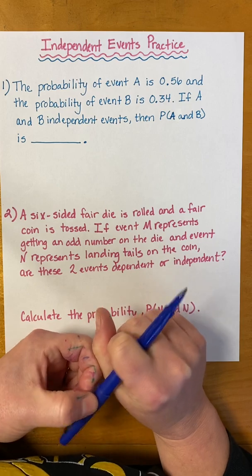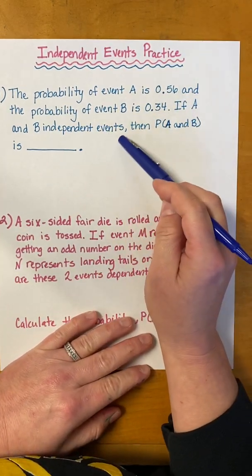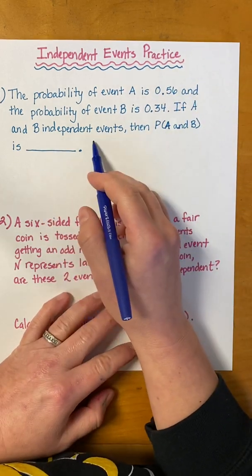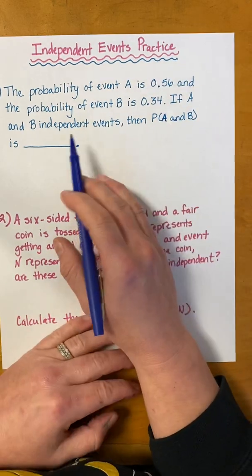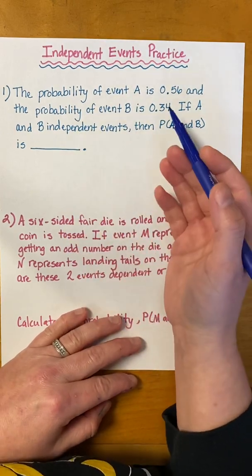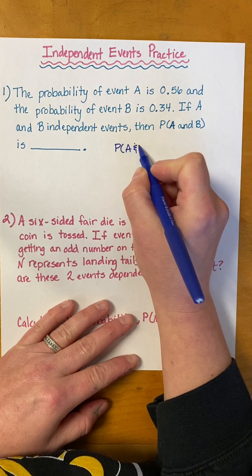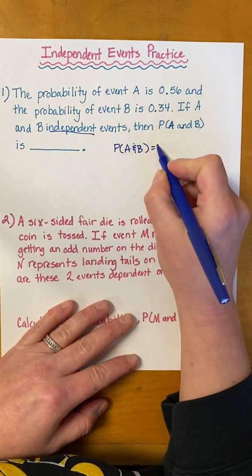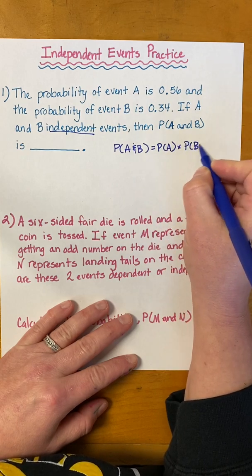It says the probability of event A is 0.56 and the probability of event B is 0.34. If A and B are independent, then the probability of A and B is... So if they're independent, to calculate the probability of this and that, the probability of A and B, solely if they're independent, is equal to the probability of A times the probability of B. That's simple.